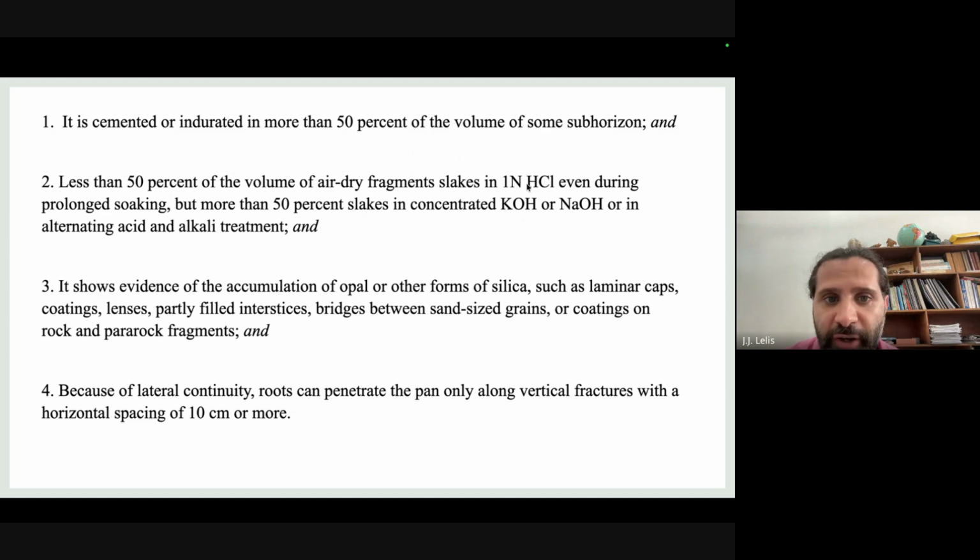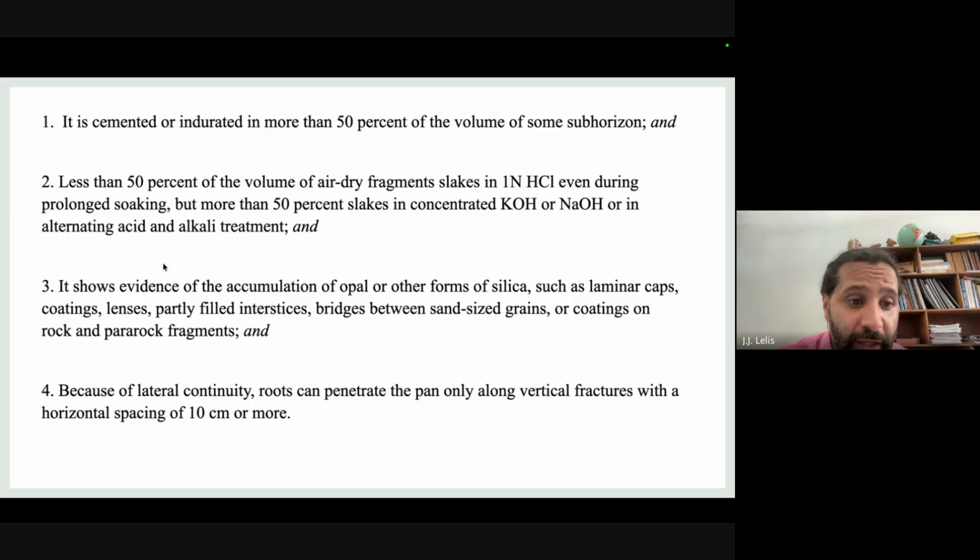I don't register any destruction. But when I put it with something that could produce a very high pH, like potassium or sodium hydroxide, yes, I will register a strong destruction. Okay, so at least 50% of that material will slake, will be destroyed.